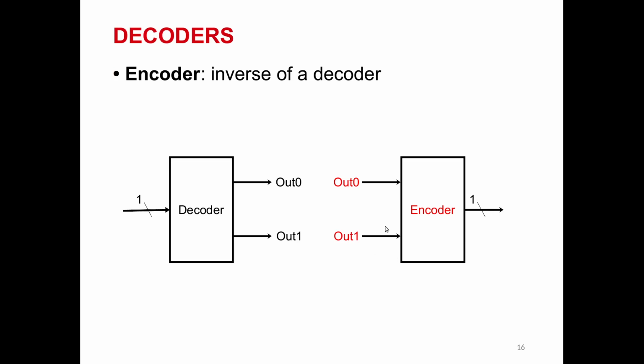If the input 1 here is 1, the encoder will make the output value 1. The output of the encoder will show which input is the positive input, or which input has the value of 1. All other inputs will have the value of 0.